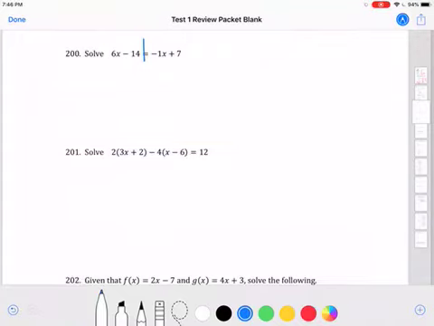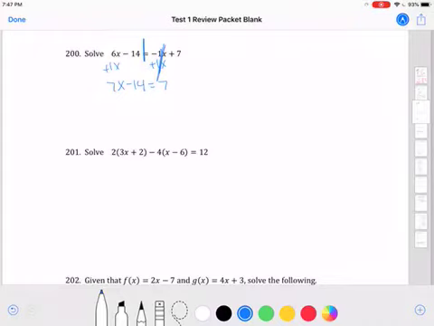So I'm going to move this negative 1x over to the other side by doing a plus 1x. Notice I put the plus 1x underneath the 6x because they are like terms and I can combine them. 6x plus 1x is 7x. I bring down the minus 14, I bring down the equals, and I bring down the 7 because those 1x's canceled.